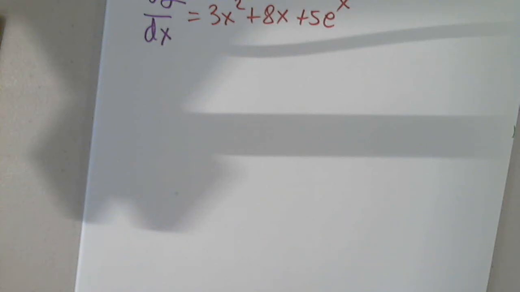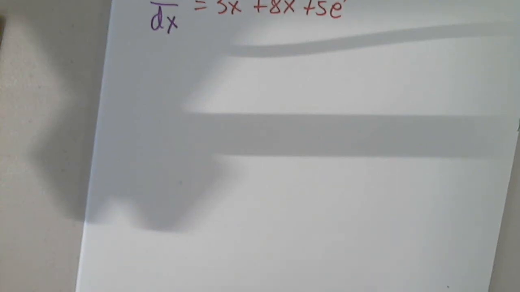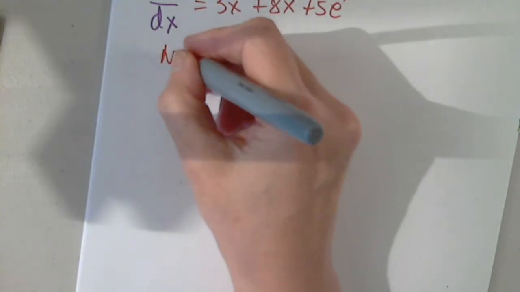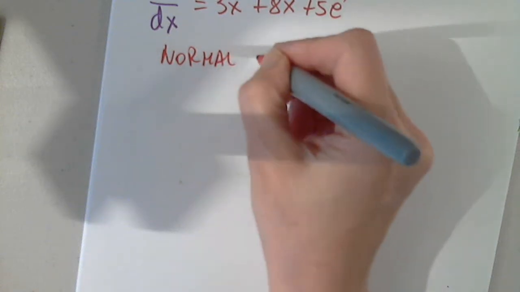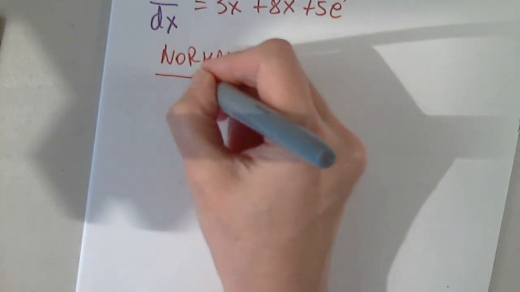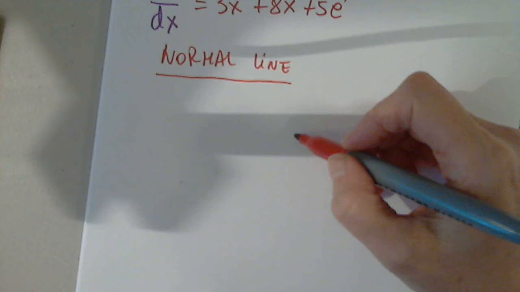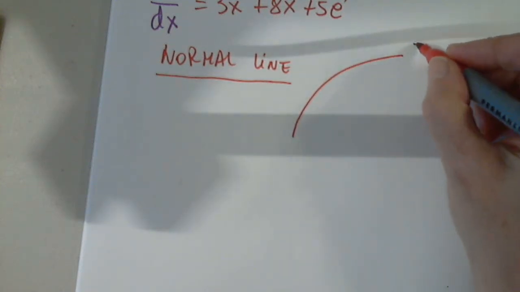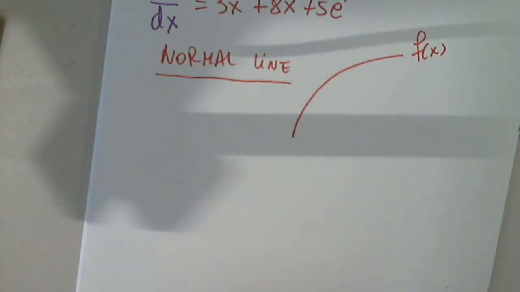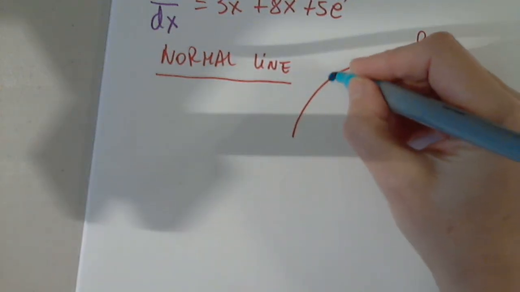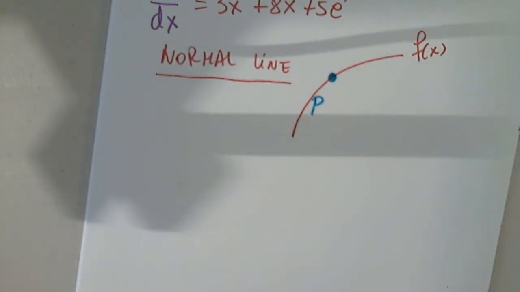Now, one thing that I would like to mention, and then we can move on, is what is called the normal line. You are going to encounter this, and it's important. So let's say we have a function. This is f of x. Yes, of course, I have a point, and yes, it's p.